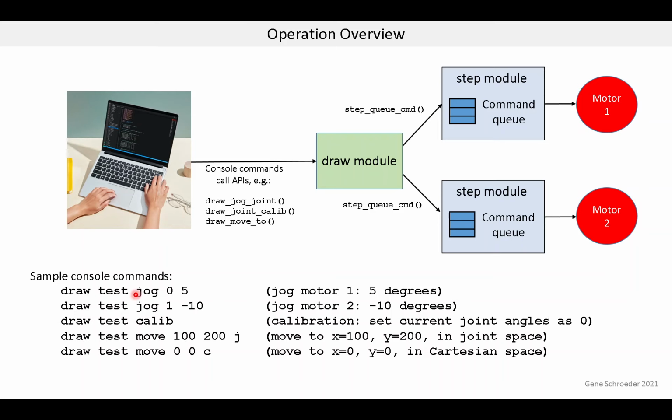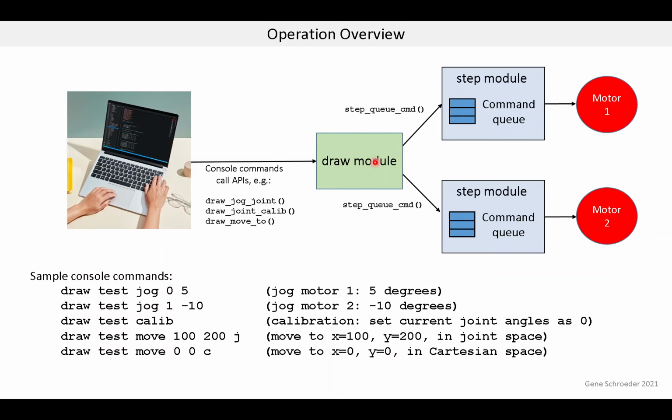We'll first be calibrating the robot, which is these jogs and this calib, and then we'll be doing some moves, which are these 2. So the console commands go into the draw module, and if we look at the implementation, we'll see the implementation of these console commands, and then they will be calling the APIs, and these are the APIs they'll be calling.